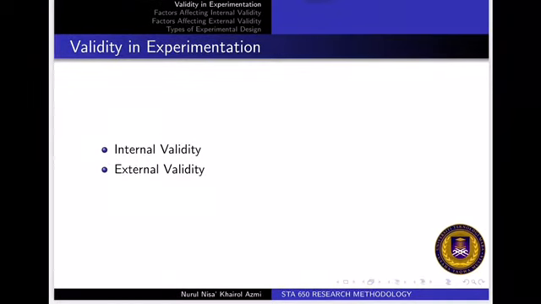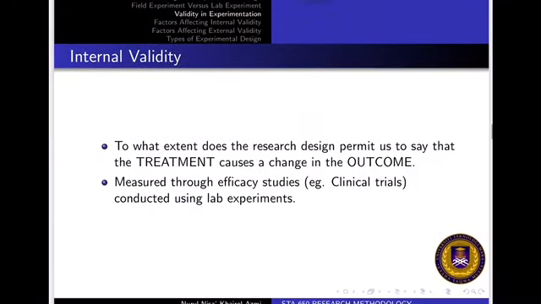Okay, so there are two types of validity in experiment: internal validity and external validity. So this validity relates to the lab experiment and field experiment. Internal validity: to what extent does the research design permit us to say that the treatment caused a change in the outcome.